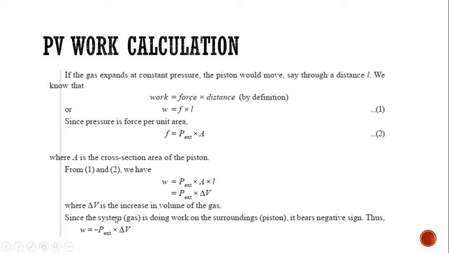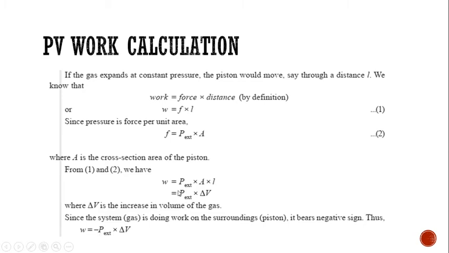As the system is doing work on the surrounding, so it bears a negative sign. Yesterday I taught you about the convention of work, when we use the negative sign and when we use the positive sign. As the system is doing work on the surrounding, this is the work done by the system, so the value of work is negative here.